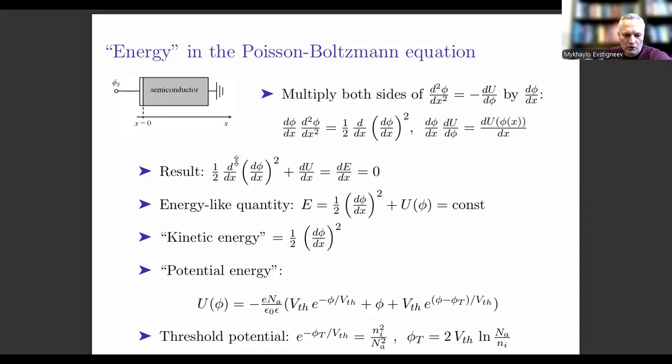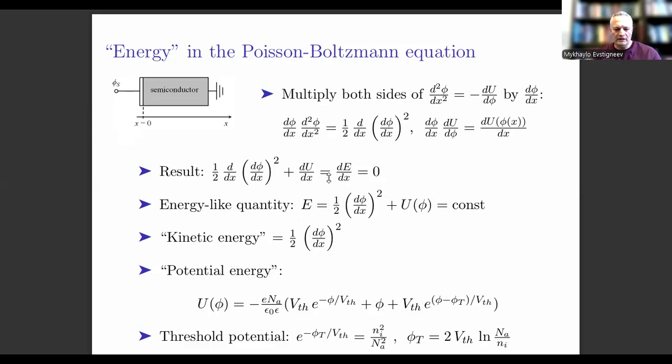So let us call the sum, 1/2 d phi by dx squared plus u, e. The derivative of this function e is zero. It is an energy-like function. It is not energy in the mechanical sense, in the same sense as in classical mechanics, but it plays the role of energy.